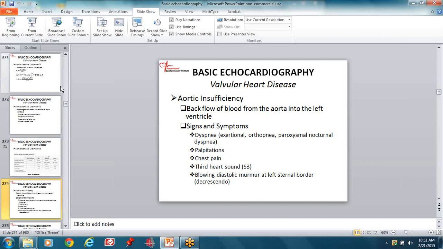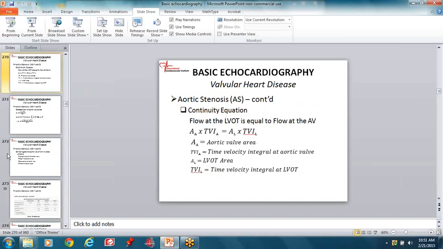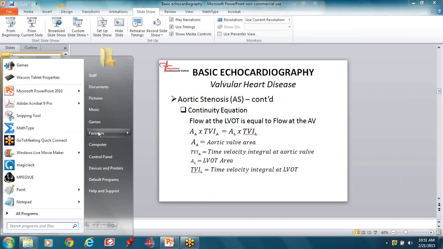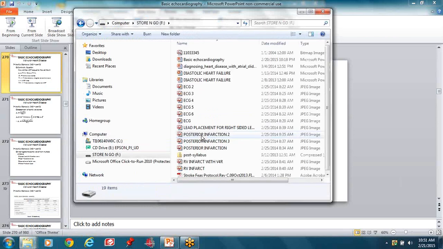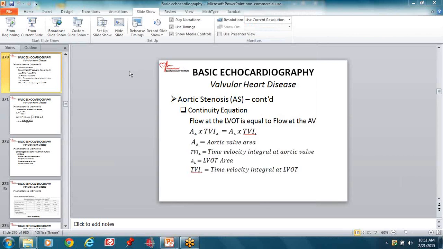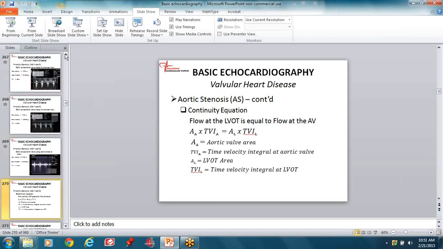Are you sure you saved it? Do you have it in there?